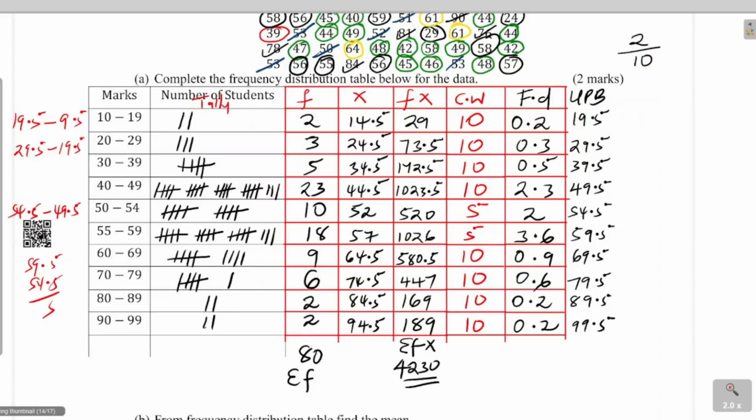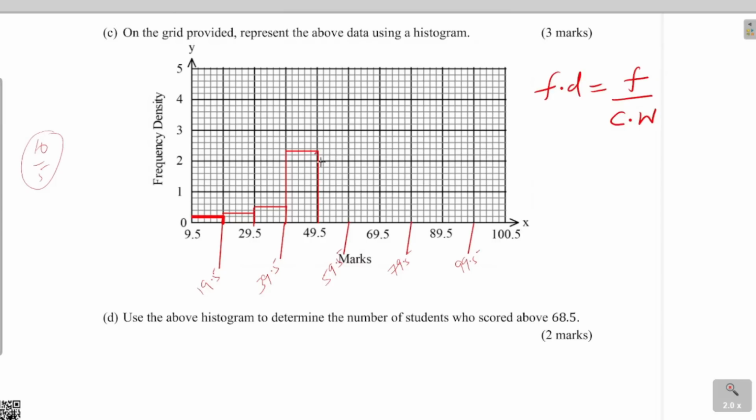And that one, the frequency density is 2. So it will be somewhere here. Let me draw this one properly. It will be placed up to 54.5. It is up to this point.